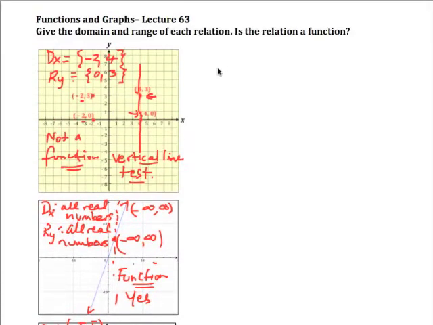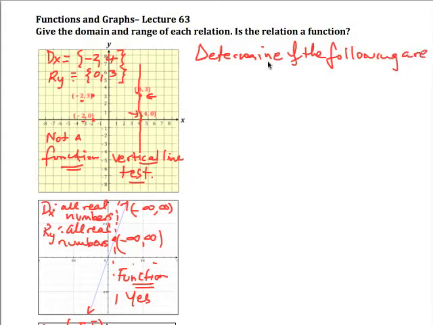Okay, so the next trick, of course, is to determine if the following are functions and find the domain and range.